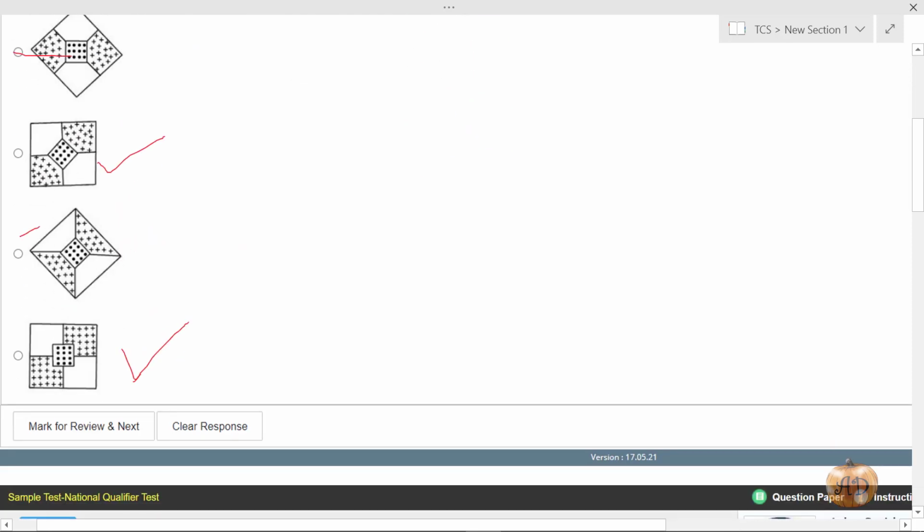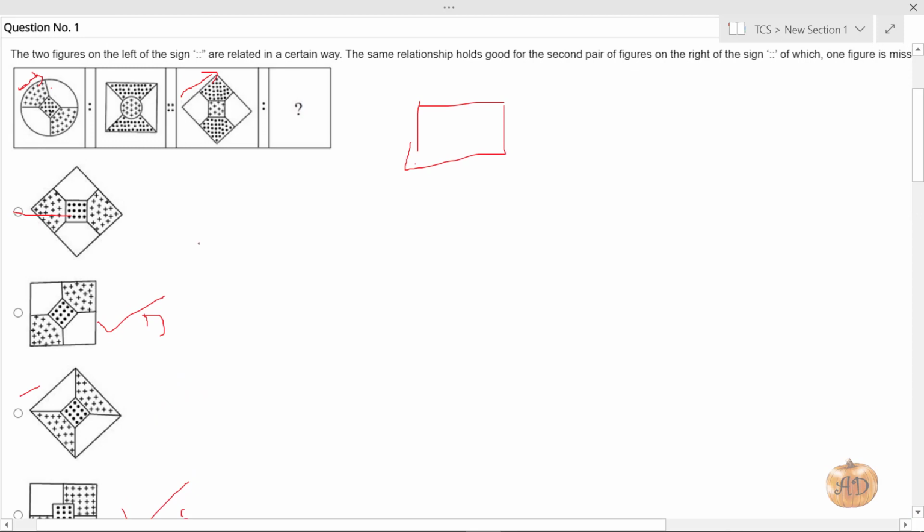If you look at these options closely, you can see the only difference between these two options is the inner square. In this one it is a diamond, and in this one it is a square shape. So now you have to look at this figure.